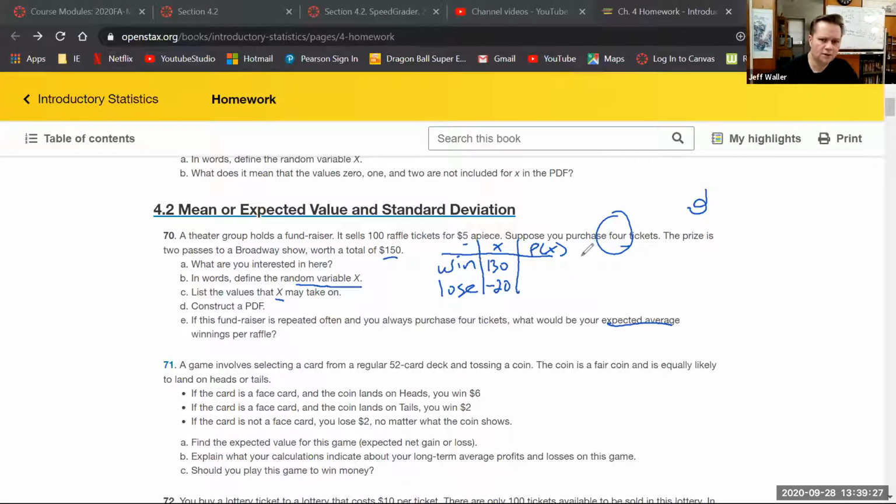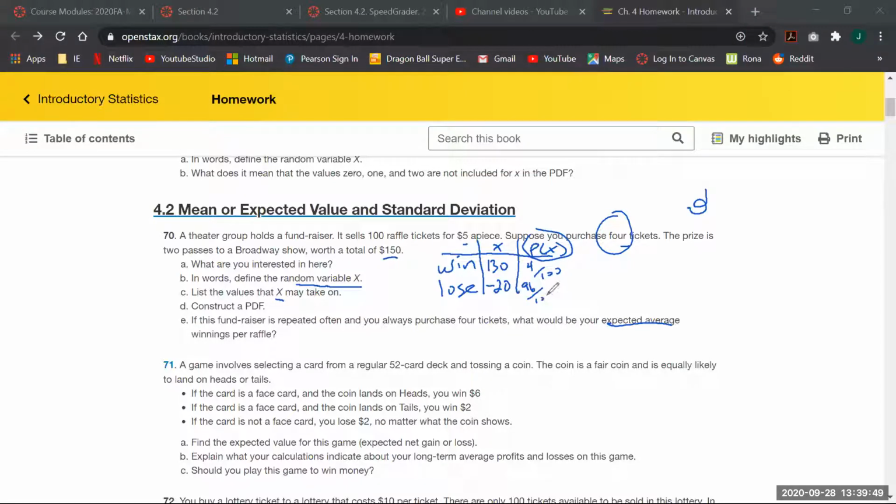All right. Anybody? What's the probability that you win? That's what I need here, right? Probability of those things. 4 out of 100. Yeah, you bought 4 tickets and there's 100 tickets. There's a 4 out of 100 chance. So it's probably you lose. 96 out of 100. All right, somebody's chatting at me.